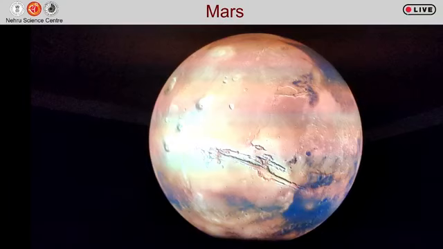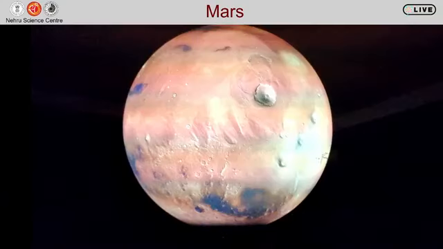So can you all see that the Great Canyon can be seen? Now we are seeing here Olympus Mons. This is the tallest mountain, and this is 3 times taller than Mount Everest, which is there on Earth.